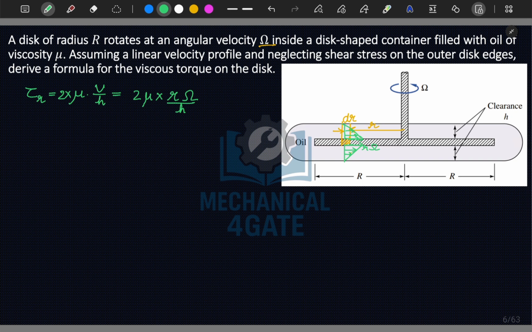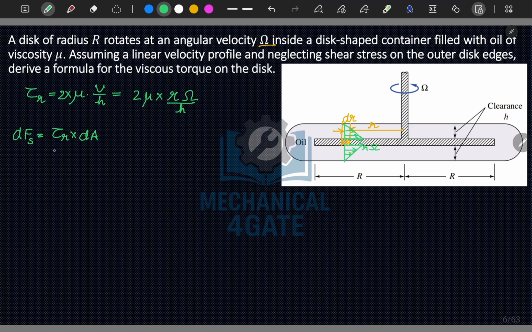Now, for the small shear force element acting on the disk, since it is a disk, it will act in a circular manner. So this element will be considered in this circular manner. I hope you understood this point. So dFs will be equal to tau r into dA, the small elemental area of contact.